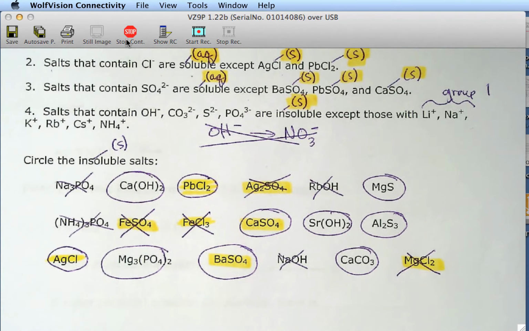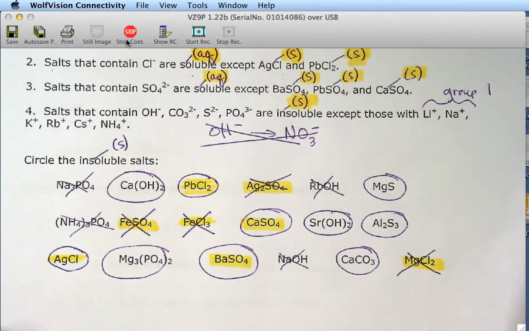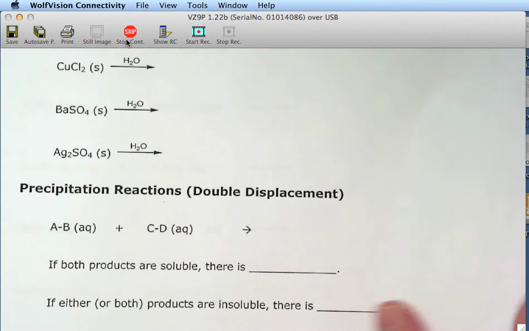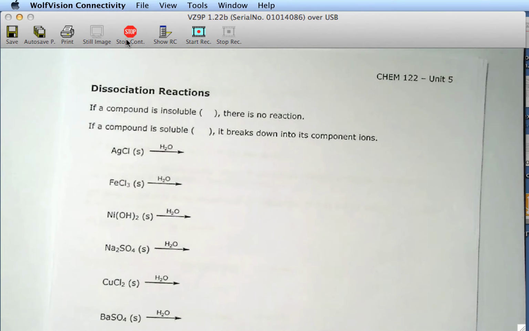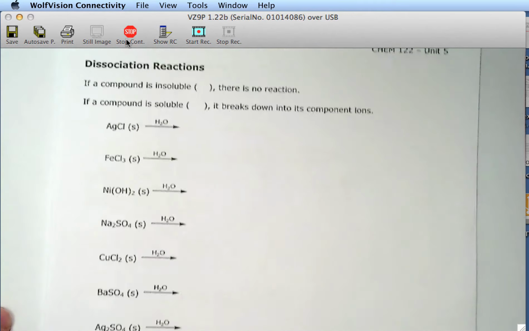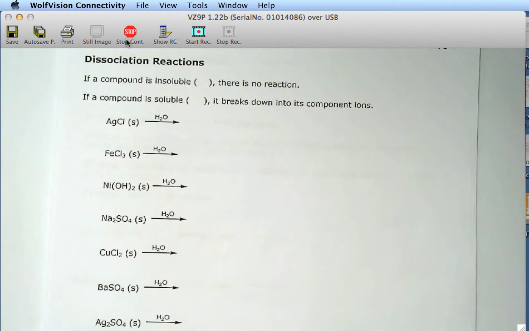So does everybody follow along with how to classify soluble or insoluble? All right. This skill is very important in predicting reactions. So coming up, we have two types of reactions where the solubility rules influence the result of the reaction.